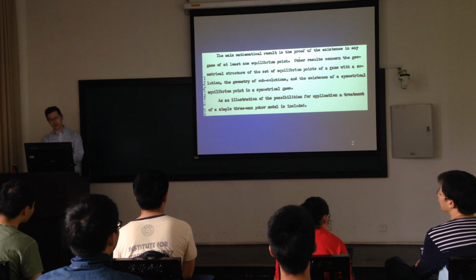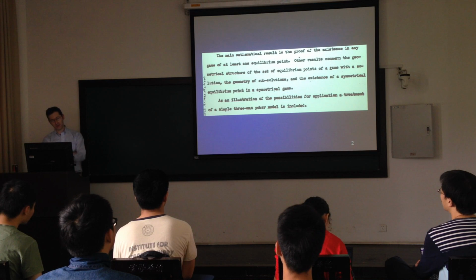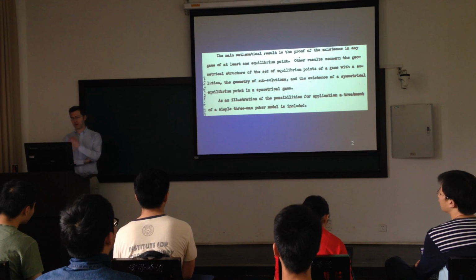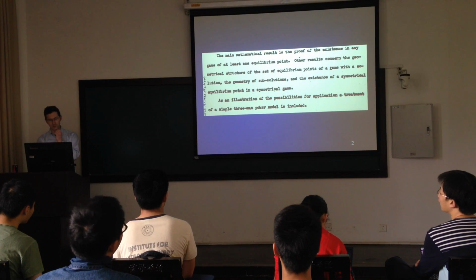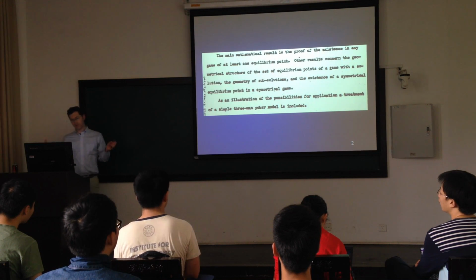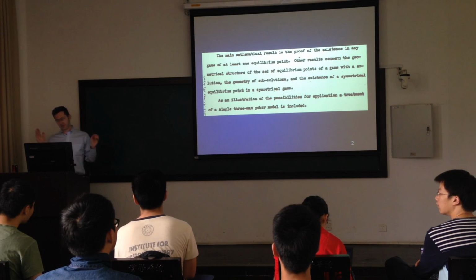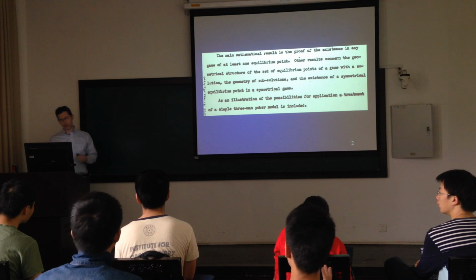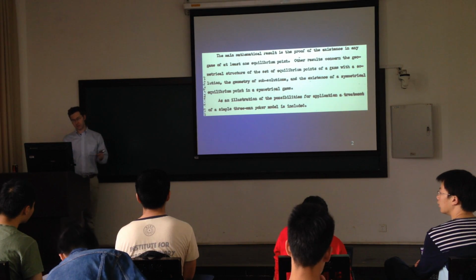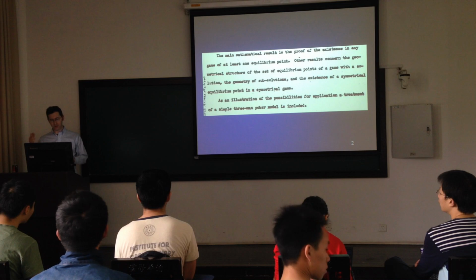As an illustration of the possibilities for application, a treatment of a simple three-man poker model is included. As he states here, it's clear that one of the motivating applications for his solution concept, which is now called Nash equilibrium, was a poker game.